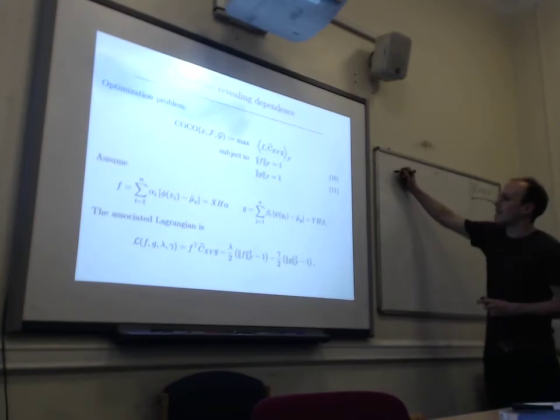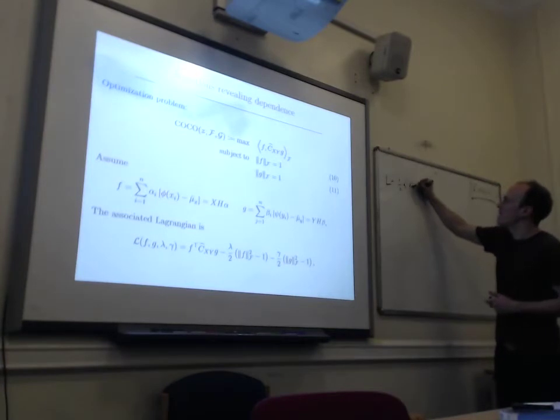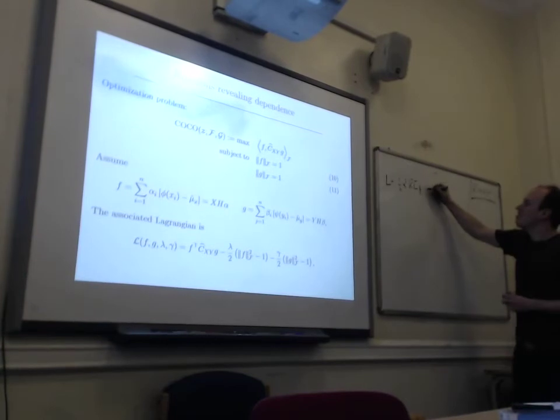So here is my Lagrangian now. The Lagrangian is equal to 1 on n, alpha transpose k l centered, beta, minus lambda on 2 times the norm of f.